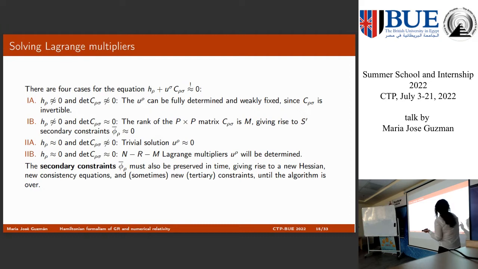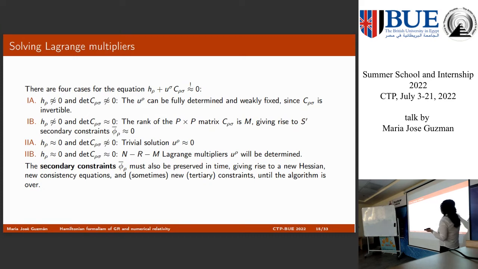In one case, where the matrix is not weakly zero, I can fully determine these Lagrange multipliers, since this matrix will be invertible. In another case, I find that these Lagrange multipliers are zero. If they are weakly zero, then the equation will be satisfied.